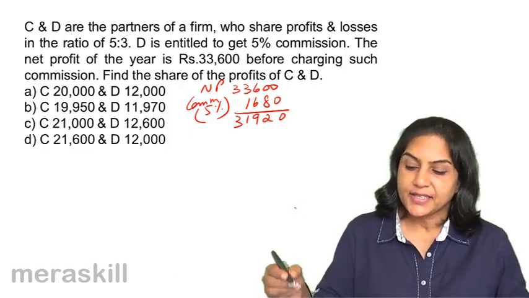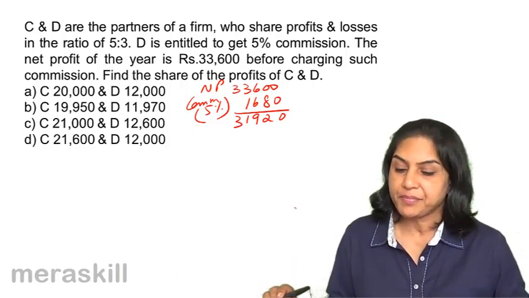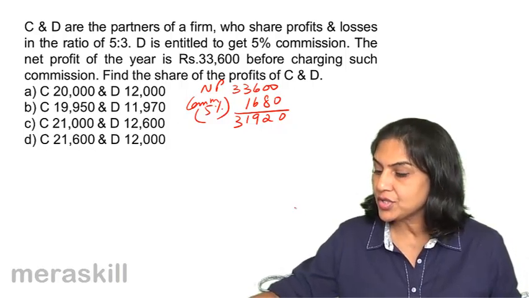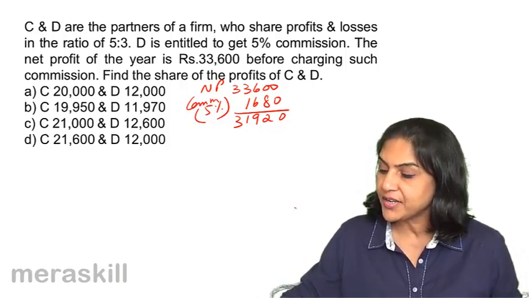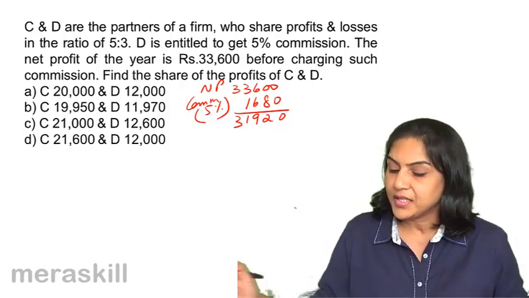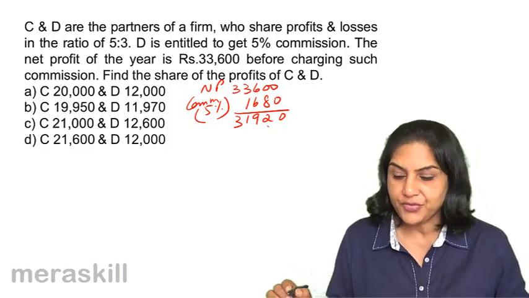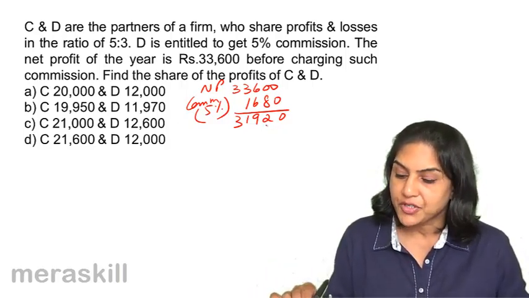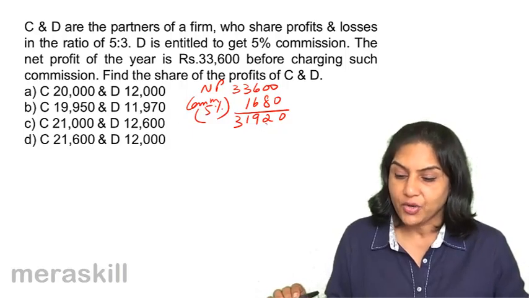Either I can take 33,600 minus 5% commission, or straight away 33,600 into 95% will give me 31,920. Whichever way I work out, now I've got a net profit after commission of 31,920.